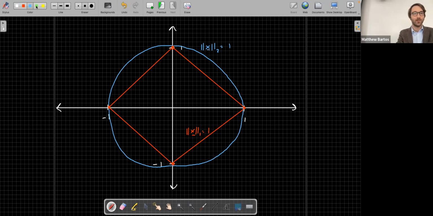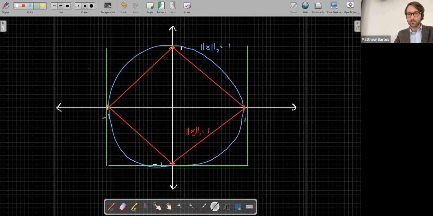Okay, and finally for the infinity norm, what's that going to look like? I think Aditya gave the answer. Yeah, it'll be a square. So we have a square going like this. And sorry, I covered that up there. This is for infinity norm equal to 1. So this is the set of vectors such that the infinity norm is equal to 1.